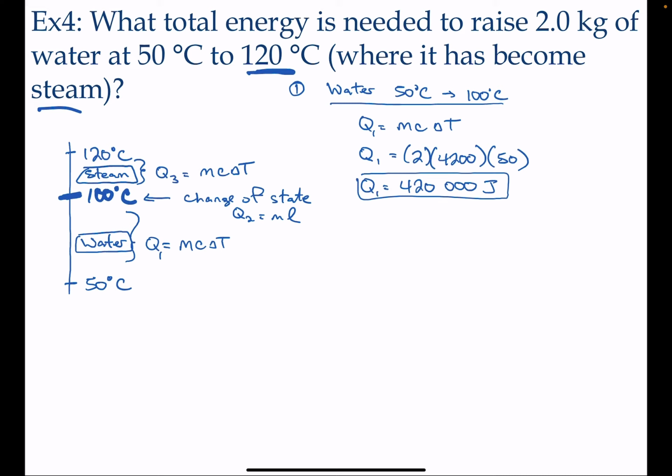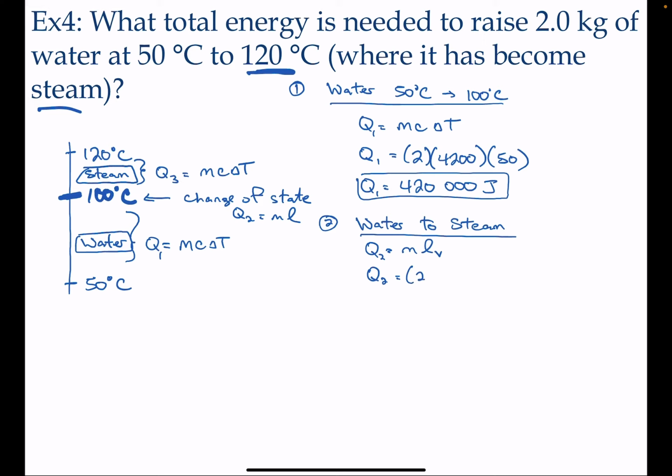Step 2 then is we have to convert water to steam. Right, this is our change of state. That means we're using this thing, Q equals ml. And just remember, we're using vaporization because it's involving vapor, steam.